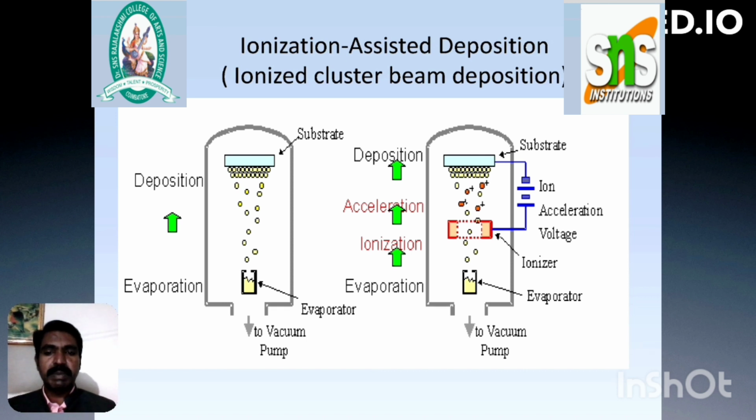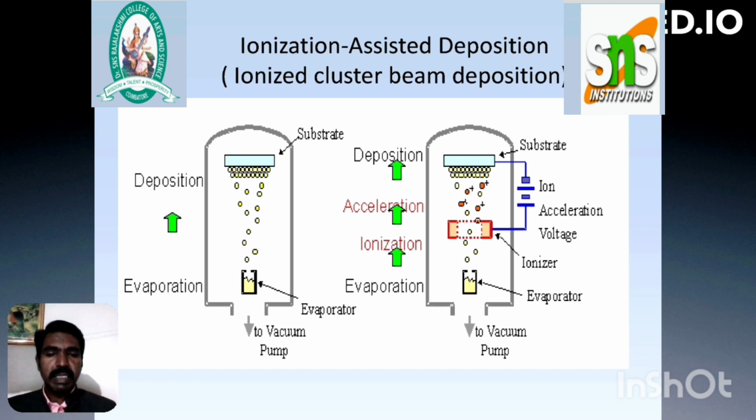What is the substrate? We keep it in the substrate holder. For example, it may be glass or steel, but it should be a well cleaned substrate. Continuously we have to do the process till we get good quality thin films.